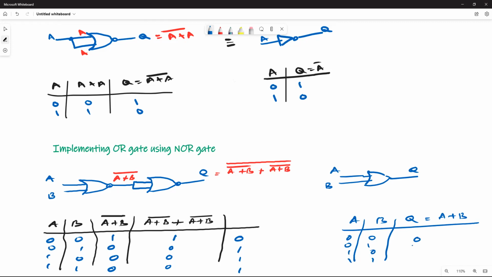Addition gives 0, 1, 1, 1, which is similar. So we can say that these two circuits are identical to each other.